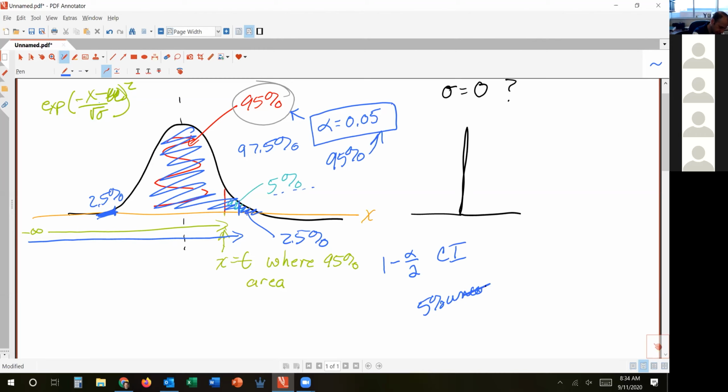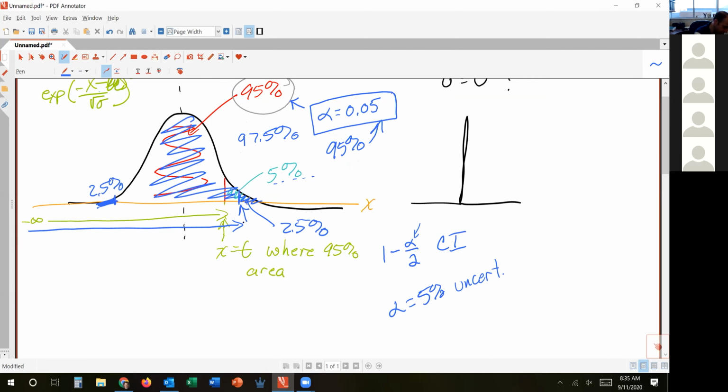My alpha value is still 5%, but to get the right t, because I want some above and some below, I actually had to split this in half and go over to 97.5% in my distribution over here. Does that make sense? You often see the 1 minus alpha over 2 confidence interval. That's a little notation to remind you that I have 5% uncertainty, but to get the right t value, I had to split it in half and go a little further.